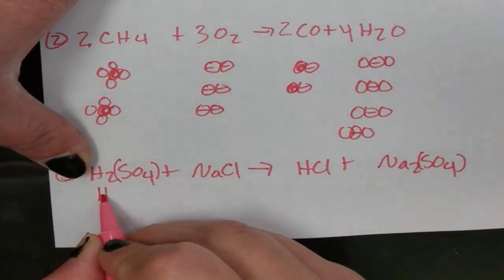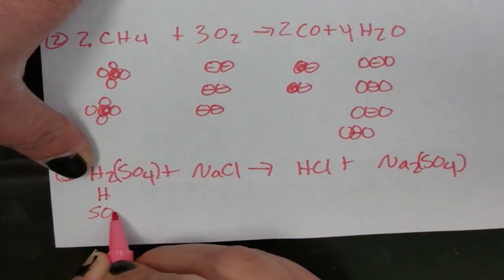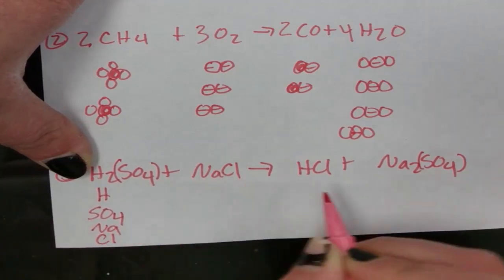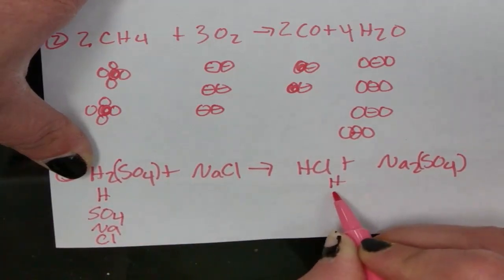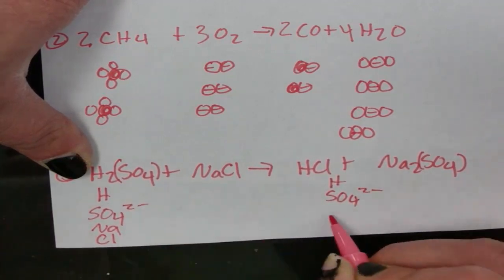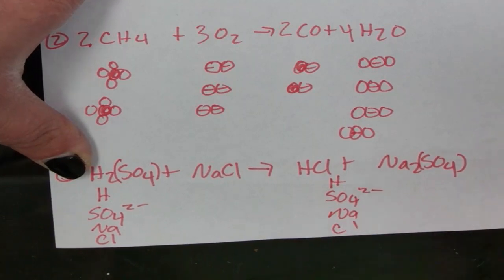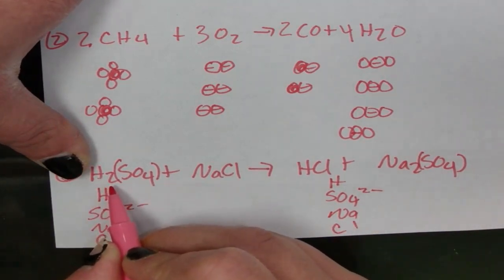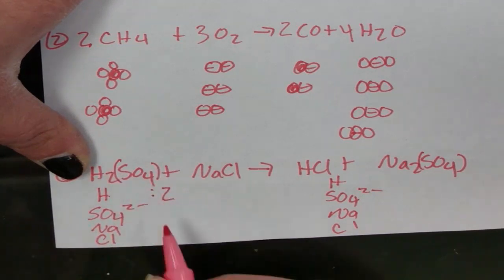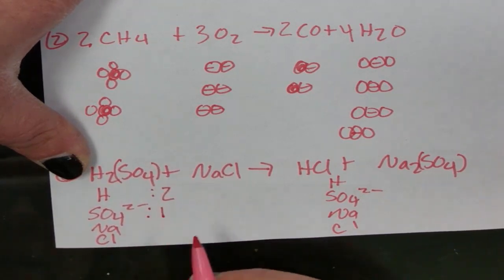So I have a hydrogen, I have a sulfate, I have sodium, and I have chlorine. So hydrogen, sulfate, 2 minus, sodium, and chlorine. How many hydrogens do I have? 2. How many sulfates? Notice my parenthesis, there's only 1.